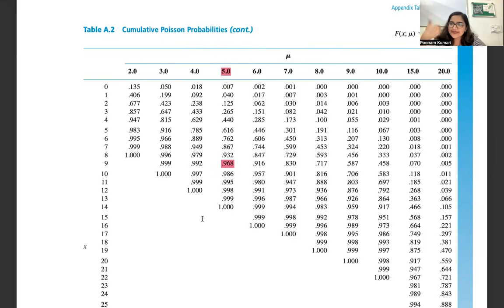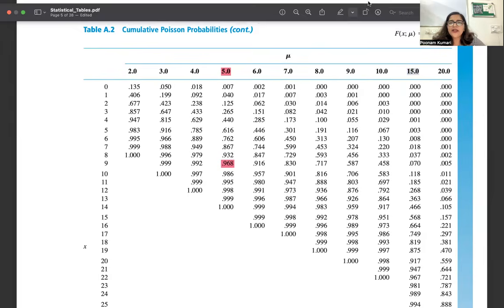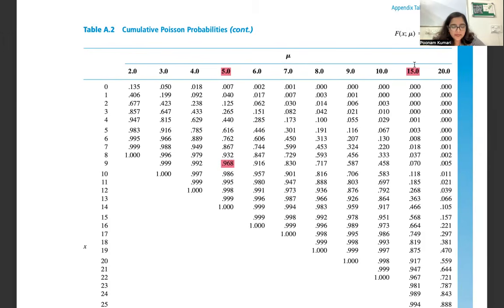ओके, जो इसका सेकंड पोर्शन था उसमें हमें क्या निकालना था? Probability that my random variable is taking a value which is greater than or equal to 21. And what was my mu value later on? 15. So I will go here. This is mu value 15. And on 15, I will look for the number.